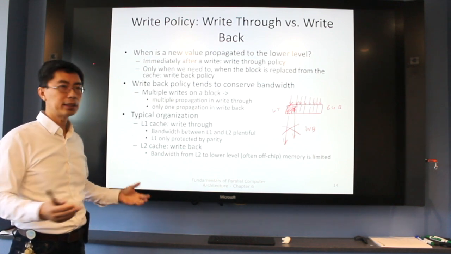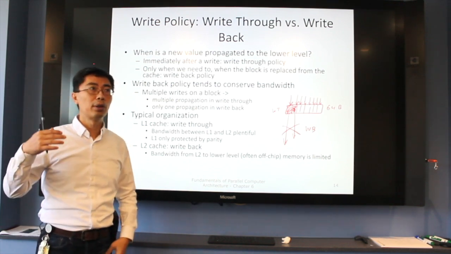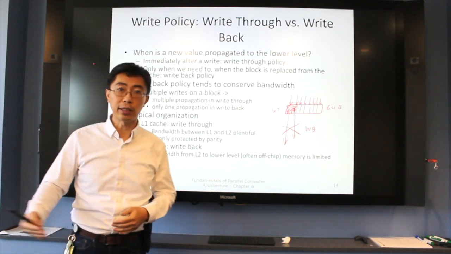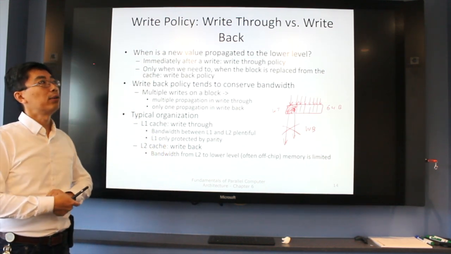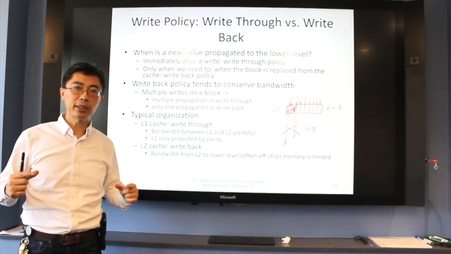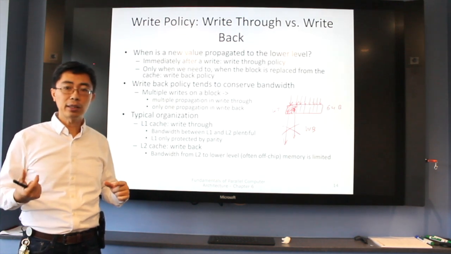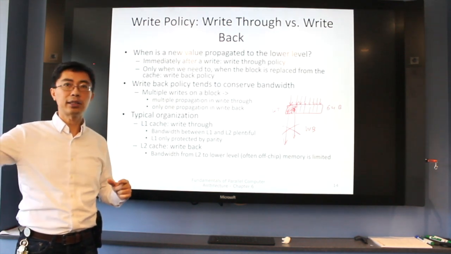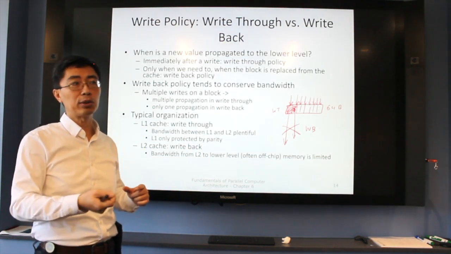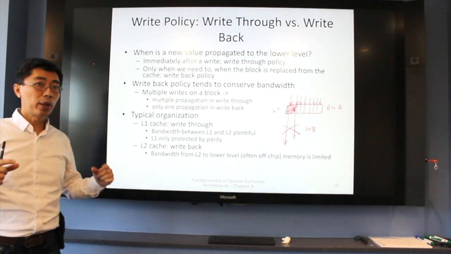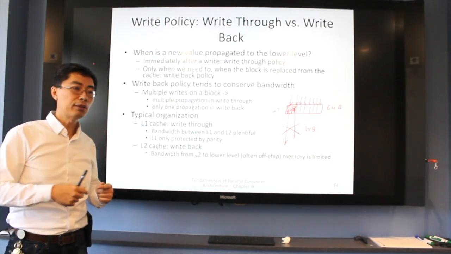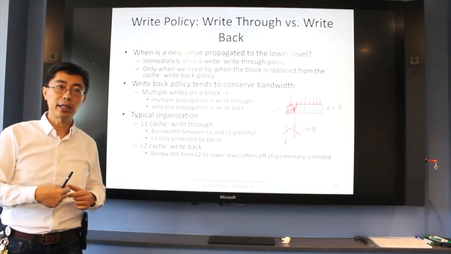The L1 cache is typically protected by a parity bit, meaning that it can only detect an error. Now imagine you have a block that is clean and has not been written. If you detect an error, let's say some alpha particle from somewhere hit the bit and flipped it, 1 to 0, or 0 to 1, and you detect it, that's okay. You just get rid of it and read it from the next level cache.